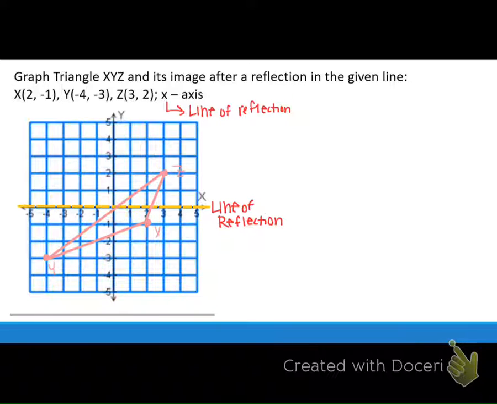All right, so let's reflect it. Z is here. If we reflect it over the x, where would it go? 3, -2.